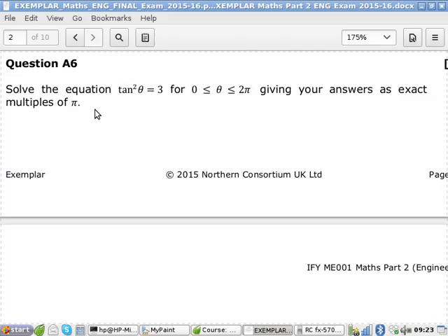It's quadratic, so 2, and then 2 because it's theta. 1 theta means 2 answers. Remember? 2 theta means 4 answers. 3 theta means 6 answers.